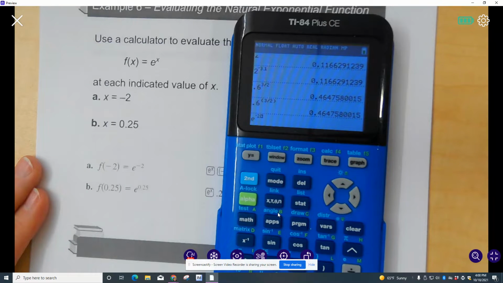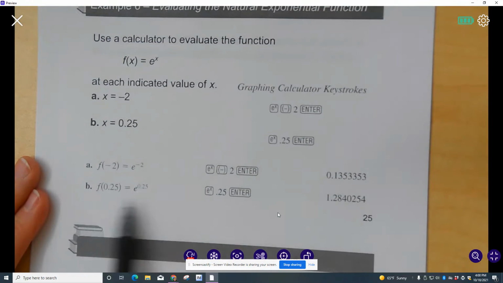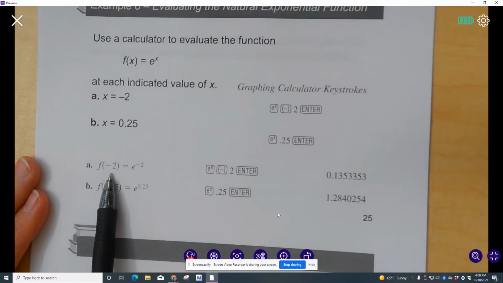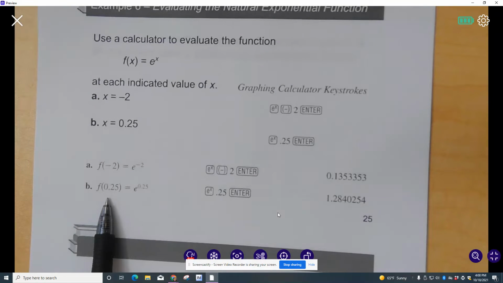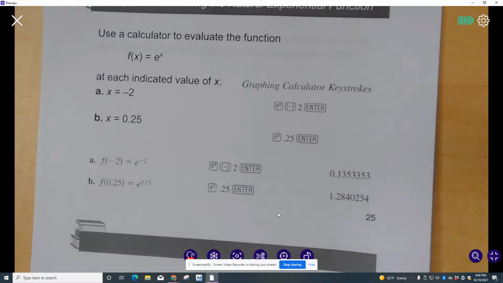So if I put in -2, I'm going to get that decimal. Practice putting these in your calculator. You will need to be able to do that for your homework and your tests and quizzes. So again, pause the video, check what happens when x is -2 and when x is 0.25. Make sure you're getting those decimal equivalents.